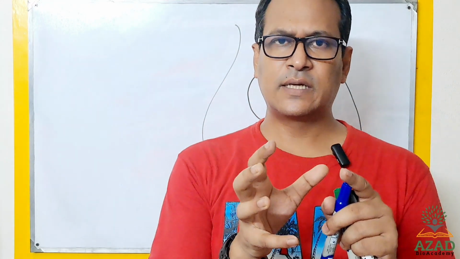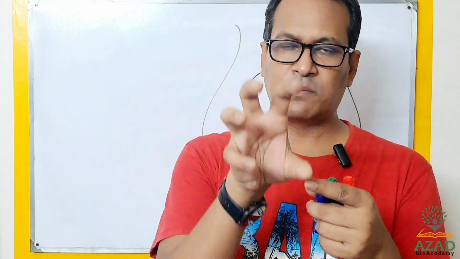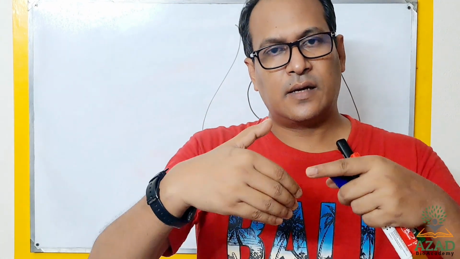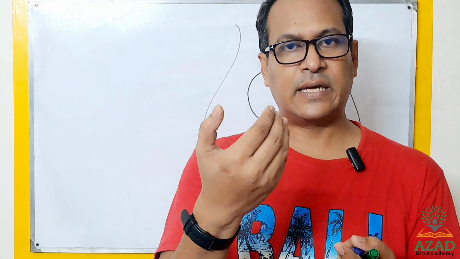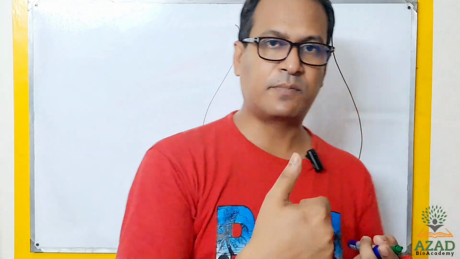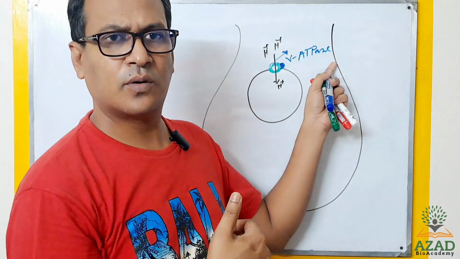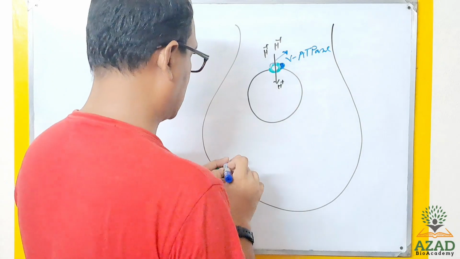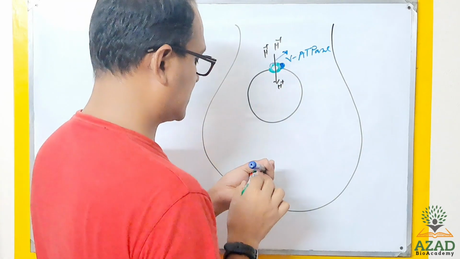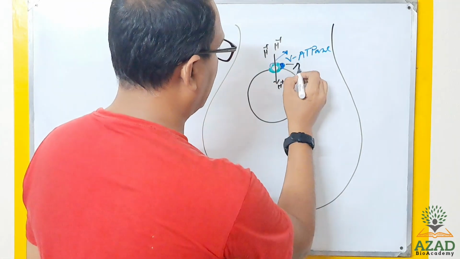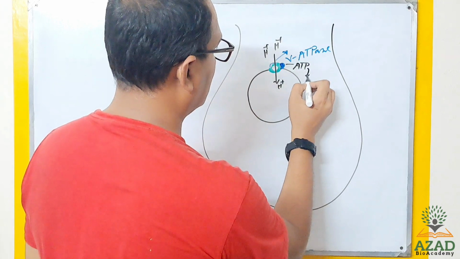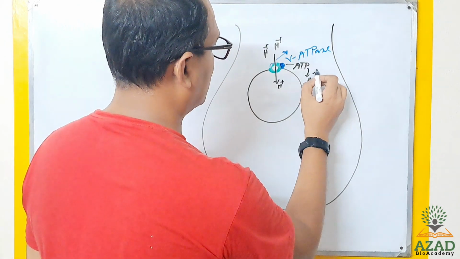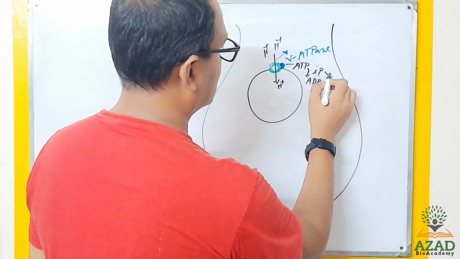A pump is a protein embedded in the membrane that is attached to a particular protein with enzymatic activity, and that part is the ATPase. From the name you can think what will happen. It will change ATP into ADP, release inorganic phosphate, and produce energy.